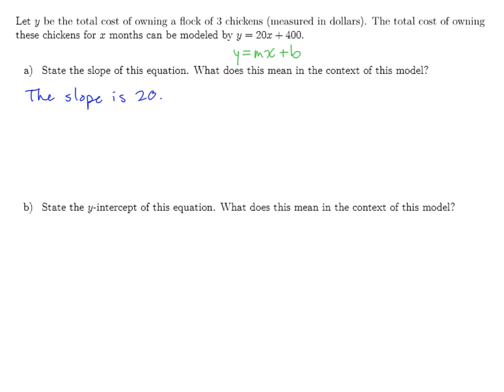And that's a positive number, so every time x increases by 1 unit, y will increase by 20 units. And I'll write that down. That'll help me write out the context of this slope.